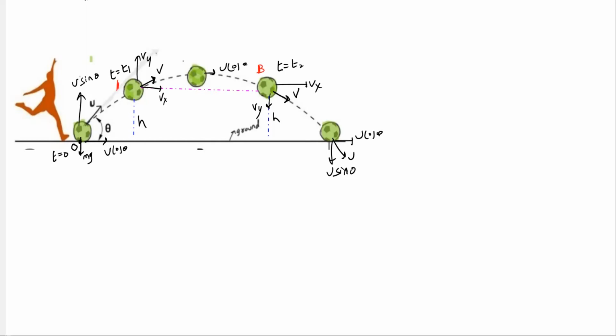Okay, fine. So what is T1? T1 is the time taken to move from O to A. What is T2? T2 is the time taken to move from O to B. And let it be C. And the time of flight is what?